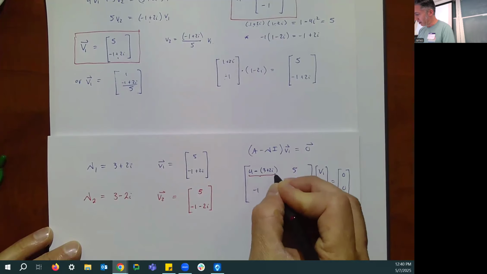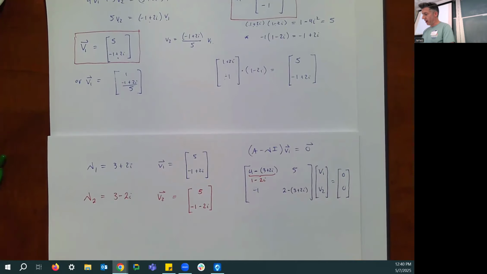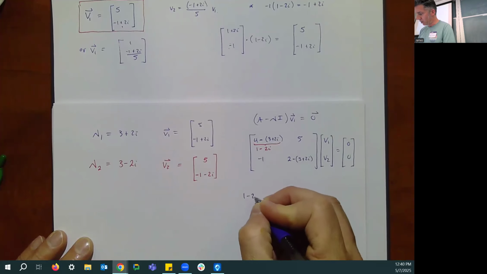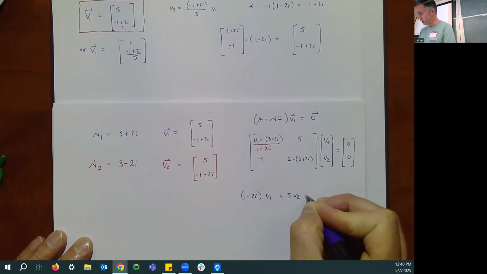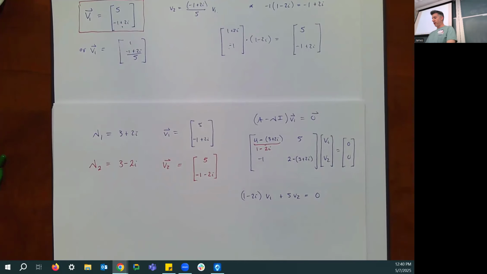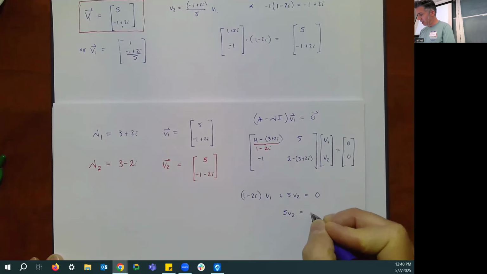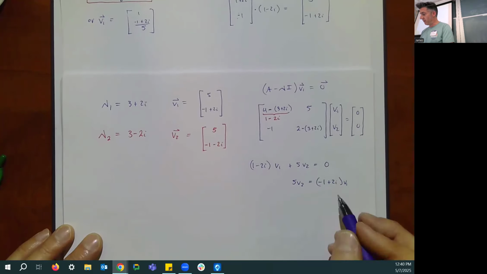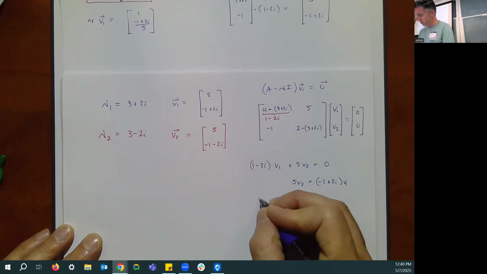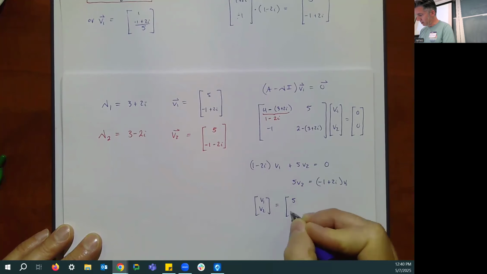This is going to look like 1 minus 2i if I distribute that minus sign. And so my equation is going to be 1 minus 2i times v1 plus 5 times v2 equal to 0. If I bring the v1 stuff to the other side, it's going to be 5v2 equal to negative 1 plus 2i times v1. And then we end up getting the exact same eigenvector, right? My v1 is 5, and my v2 is negative 1 plus 2i.